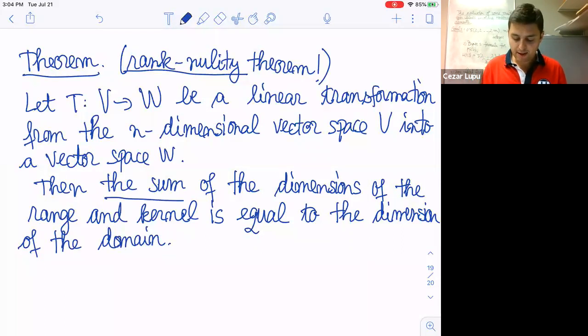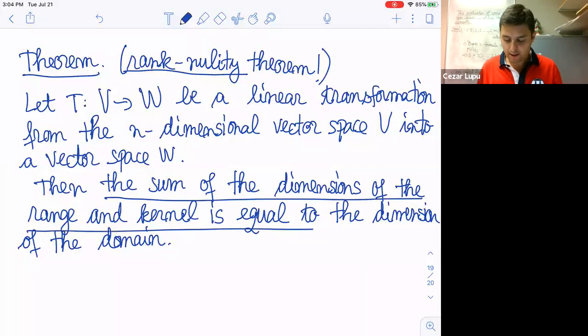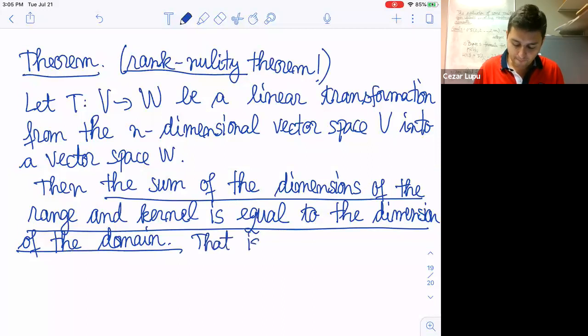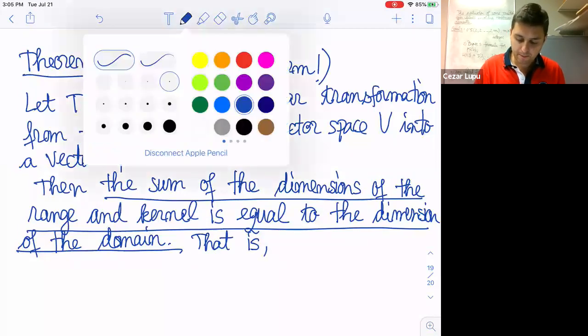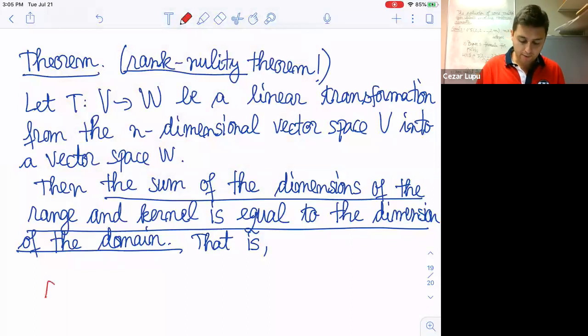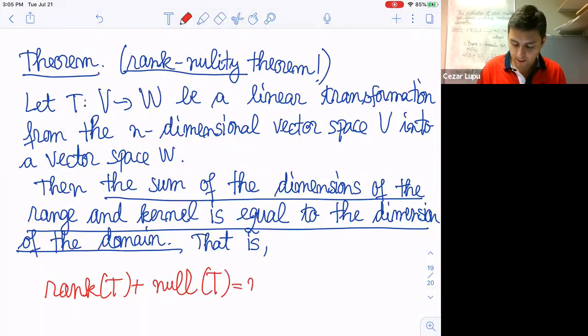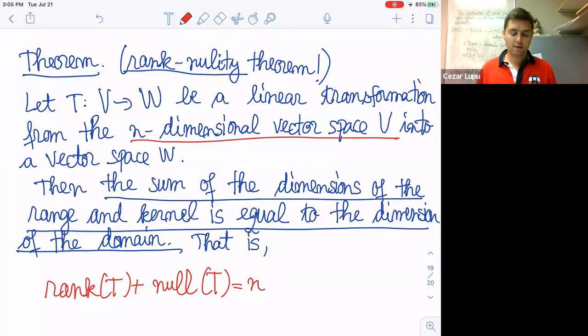Everything that I said here can be summarized as follows. Rank of T plus null of T is the dimension of the vector space V, which is n-dimensional.